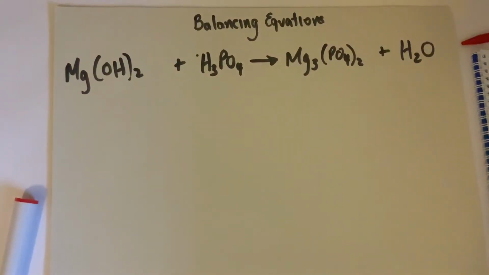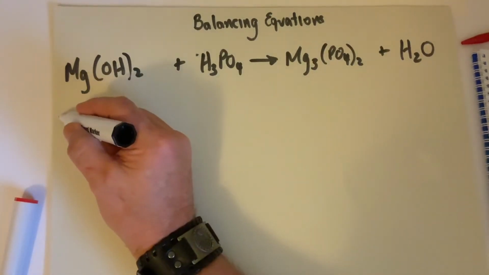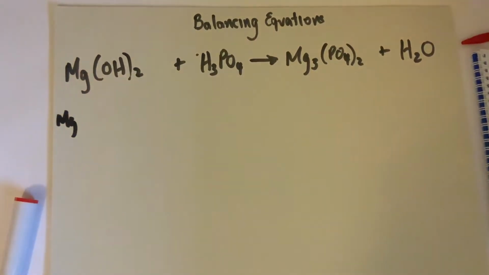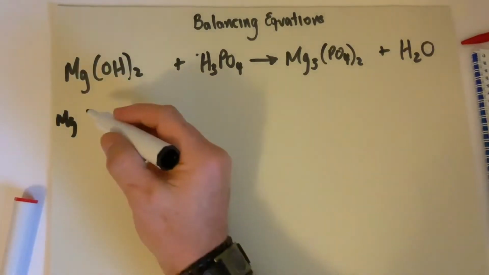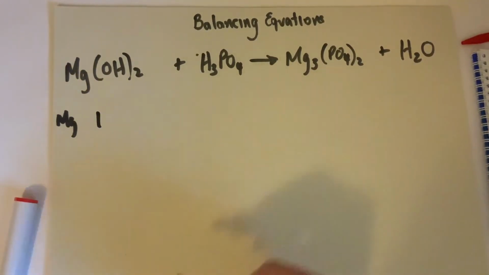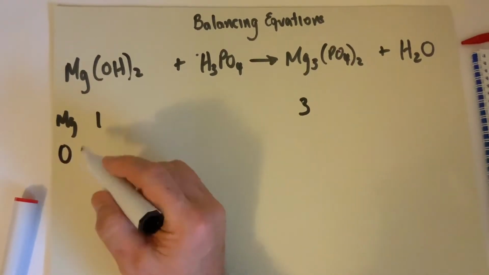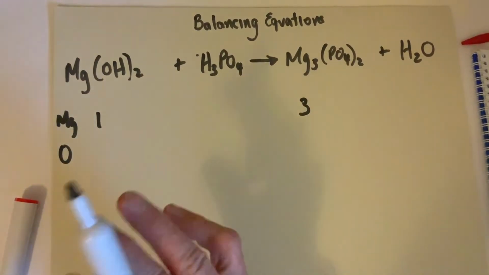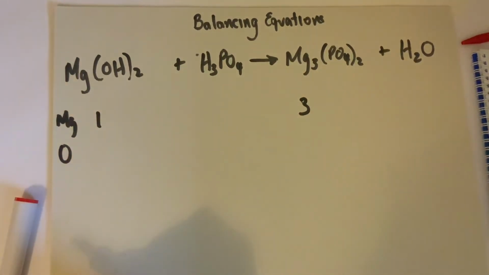Balancing equations, in this case, it's as hard as they're ever going to get. So we have magnesium hydroxide, which we're reacting with phosphoric acid, which will give us magnesium phosphate and water. When we're looking at balancing this, the magnesiums: on the reactant side, the left-hand side, we have 1 magnesium. On the product side, we have 3. The oxygens, we can ignore the PO4 because that's present on both sides, but the OH gets split up.